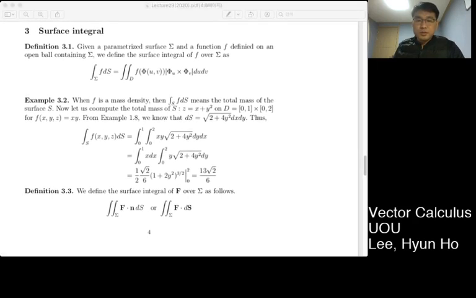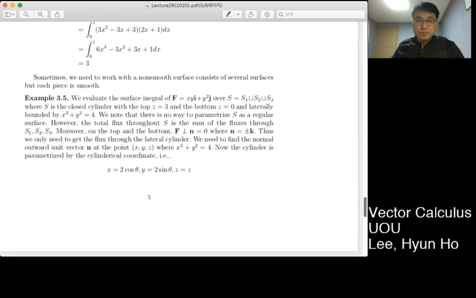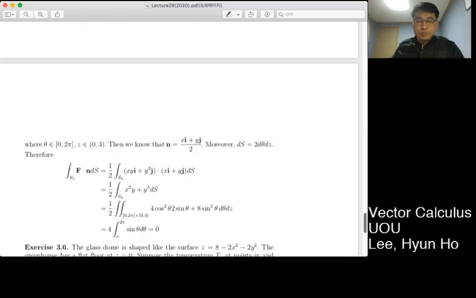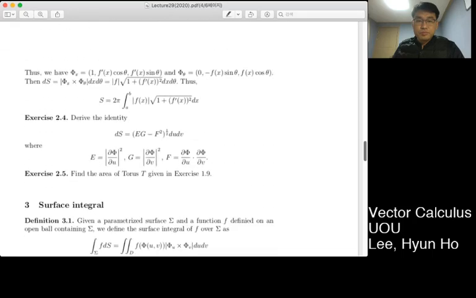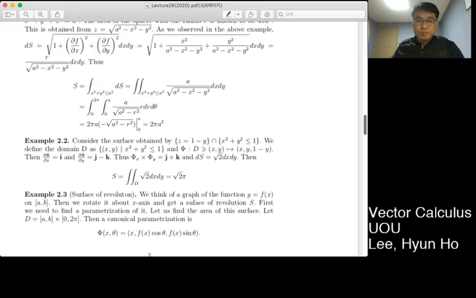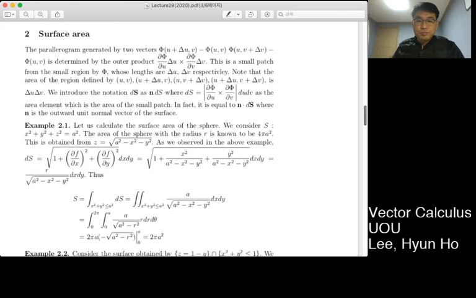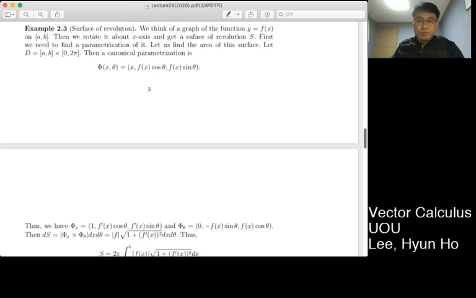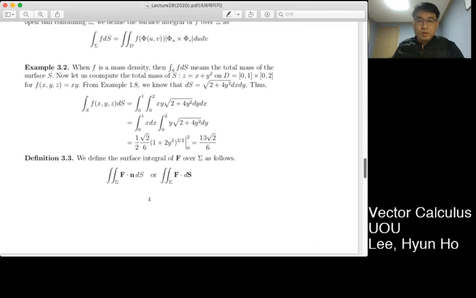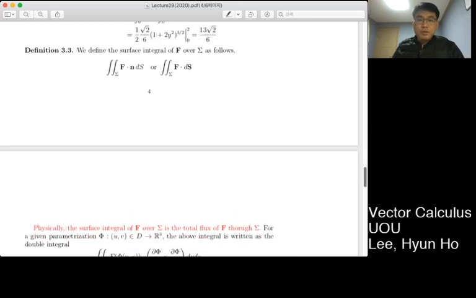So let's go back to the surface integral. Now we define the surface integral using vector notation.